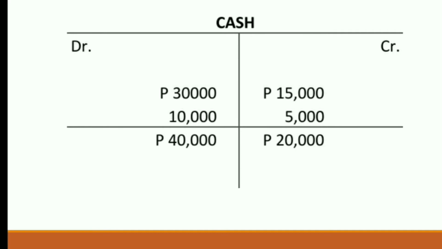So let's start with the amounts in the debit side. We have the first debit entry of 30,000 pesos plus another debit entry of 10,000 pesos. So the total is 40,000 pesos. The 40,000 pesos is known as the debit total. In the credit side, we have 15,000 pesos plus 5,000 pesos.